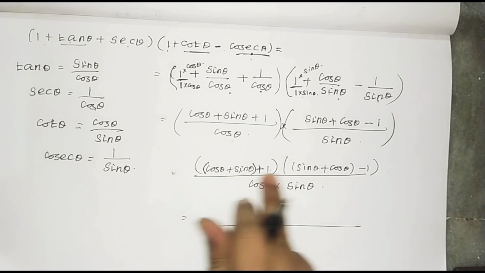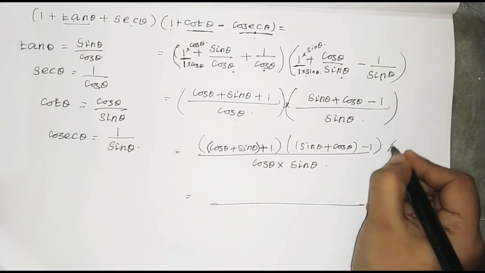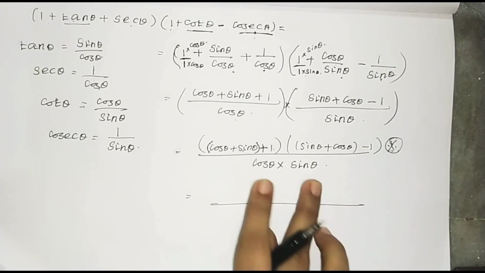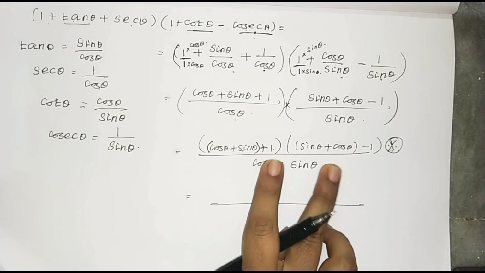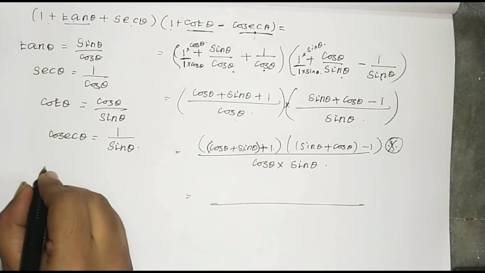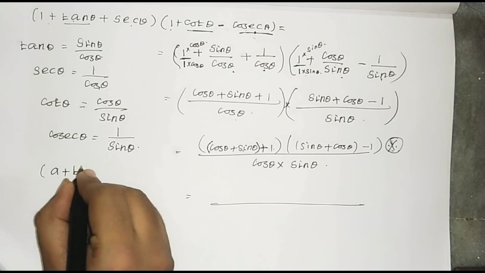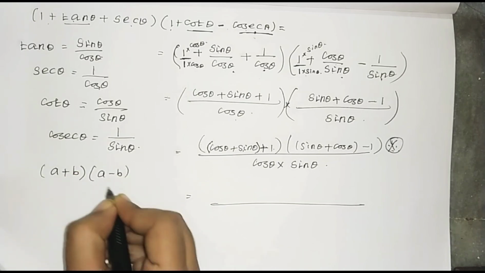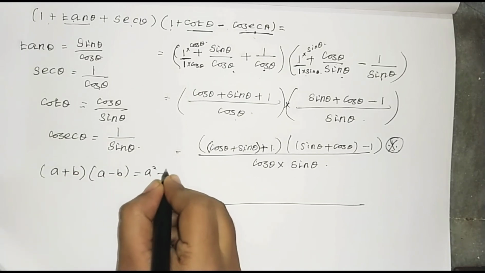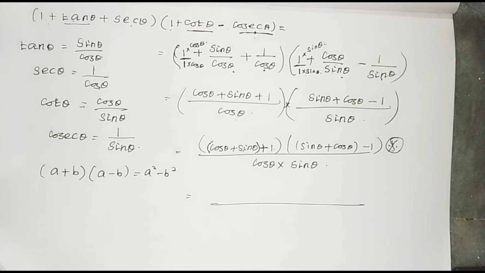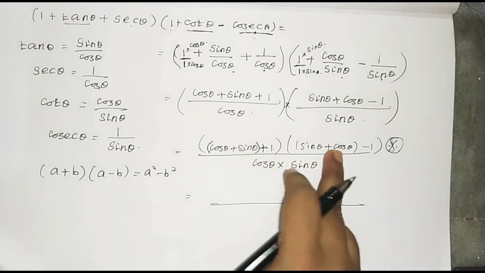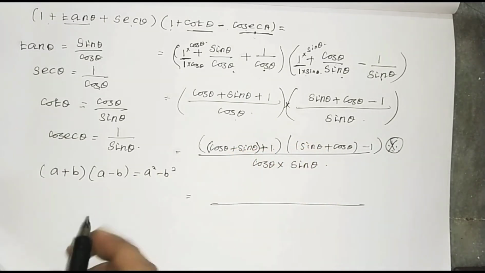Here the numerator, very important step, listen carefully. Here we can use one formula: a plus b into a minus b equal to a square minus b square. This formula we can use to find the answer for the numerator.